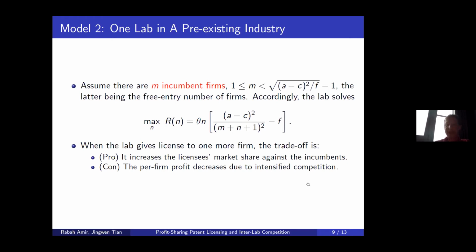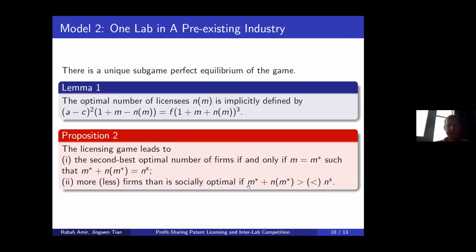So it will be between M, the existing number, and 2M plus 1. This is the first order condition for the number of licenses. It's easy to show that there's a unique solution, but it's not possible to give a closed form solution because this is a cubic equation.